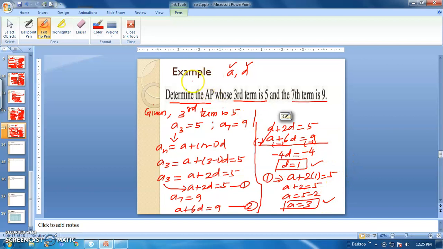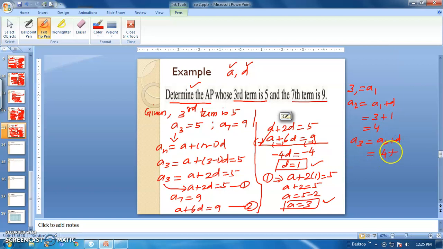Now they are asking to determine the AP. So first term is 3. How can we write the second term? This is the A1 value, and how can I write A2? A2 equal to A1 plus D, right? What is A1? 3. So 3 plus the common difference 1 equal to 4. And how can I write A3? A2 plus D. What is A2?